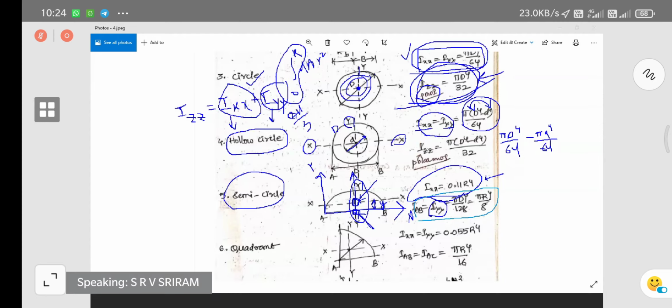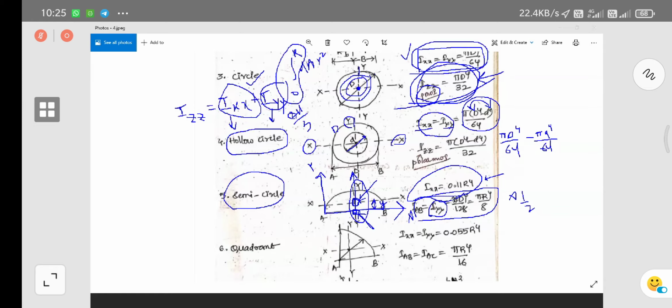So 64 into how much? If you do it into half, you will get pi d power 4 by 128. So 64 into half. Okay, 128. Half means you have to multiply pi d power 4 by 64 into 1 by 2.